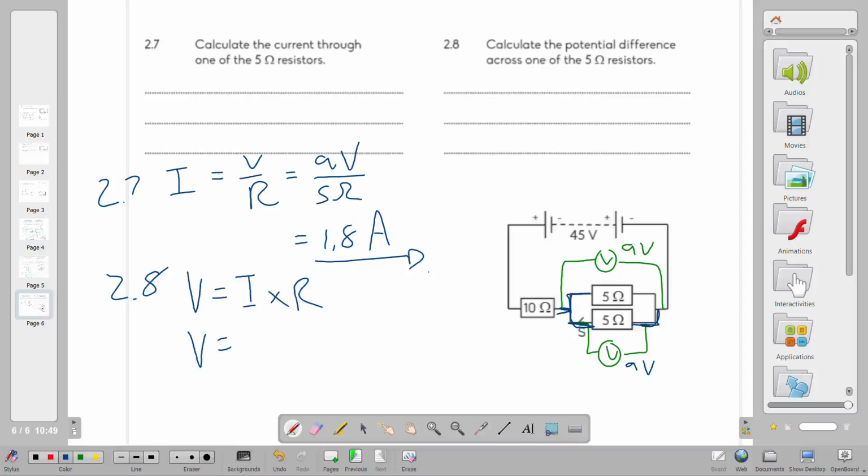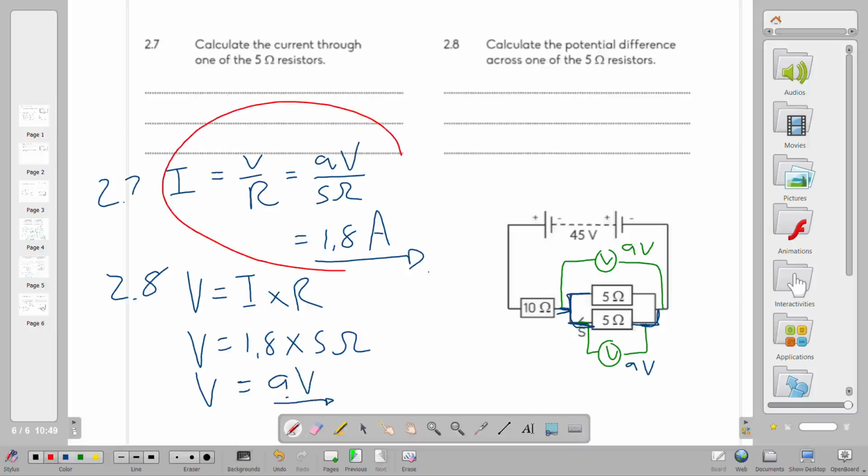I calculated the current to be 1,8, and the resistance is 5 ohm. So what do we get? 1,8 times 5 is 9 volts. So there you see we just get the same thing. In the previous step you could have just said that the current divided itself in half, and that's why you get 1,8, but I just showed it with calculations, and here again with calculations.